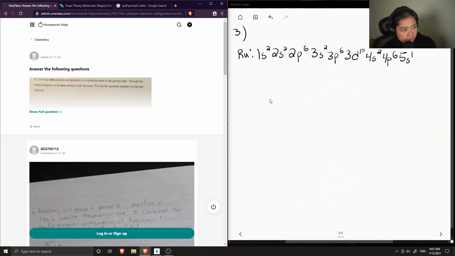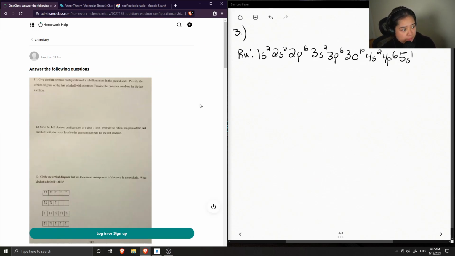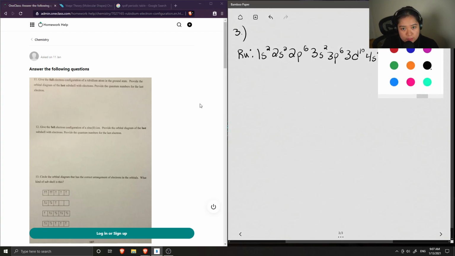So the second part of the question says to provide the orbital diagram of only the last subshell with electrons. So our last subshell is the 5s subshell.